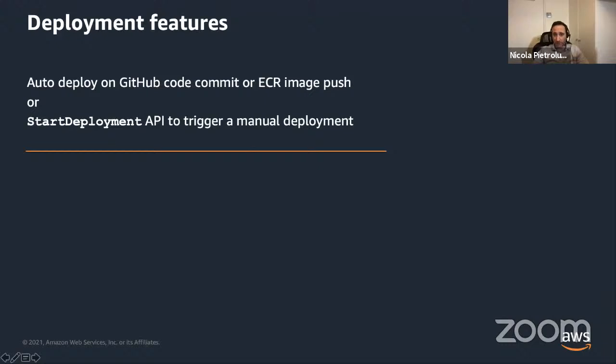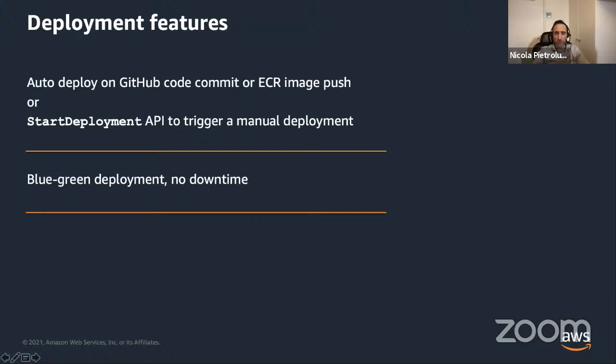In terms of deployment features, we saw the auto deploy using GitHub code, so committing the code. And I mentioned also the auto deploy if you use an ECR image, so if you push a new image into ECR. Of course, there is also the manual deployment, and you can trigger manual deployment by calling the start deployment API.